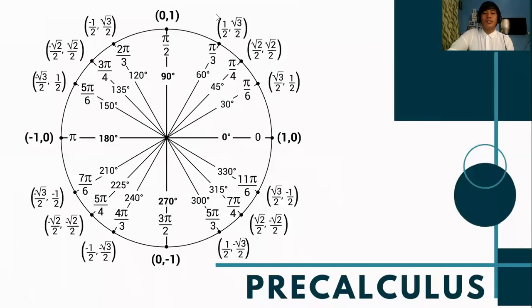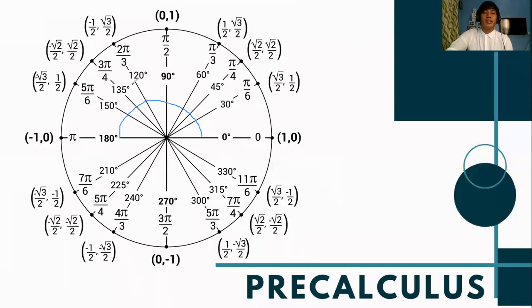So Sir Peter has listed here all the special angles in the unit circle, starting from the 0 degree, 30 degree, 45 degree, 60 degree, and 90 degree. Remember these angles. These are the special acute angles from your grade 9 mathematics. But now, we have higher values of angles.